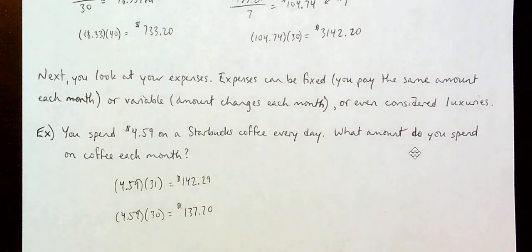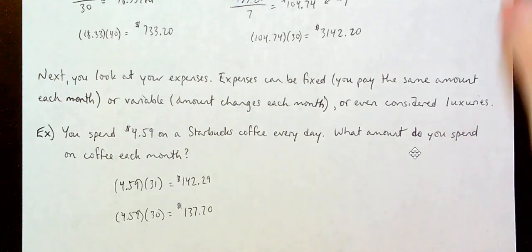But this is just a very realistic type of sample problem where we use very basic math, but very important math skills to help us figure out what we're spending and what we have to save here.